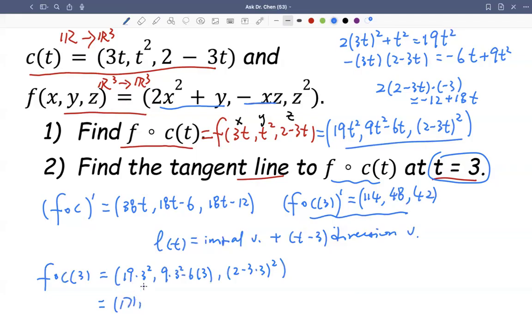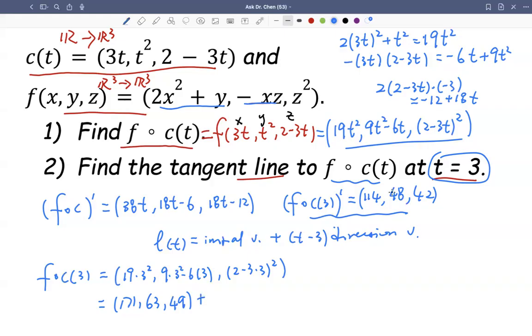Then 3 squared is 9. 9 times 9, 81. 81 subtract 18, we get 63. Then the third one, 3 times 3, 9. 2 minus 9, negative 7. Negative 7 squared, 49. So this will be our initial vector. So we evaluate the composition function at 3.